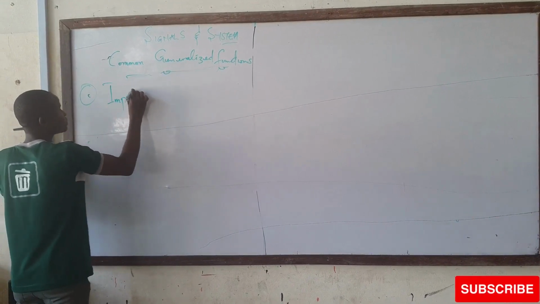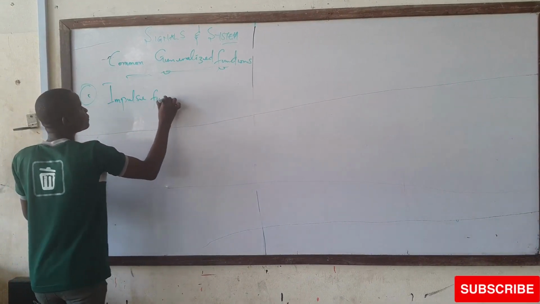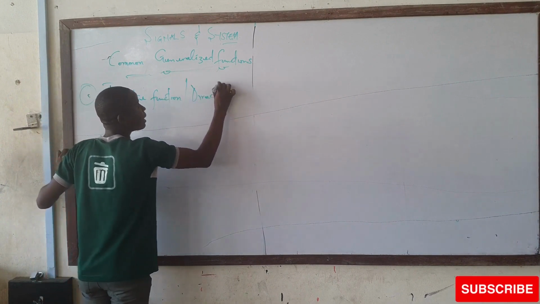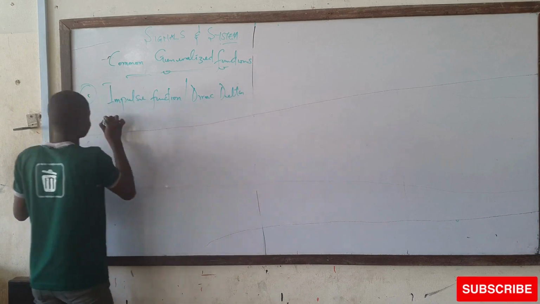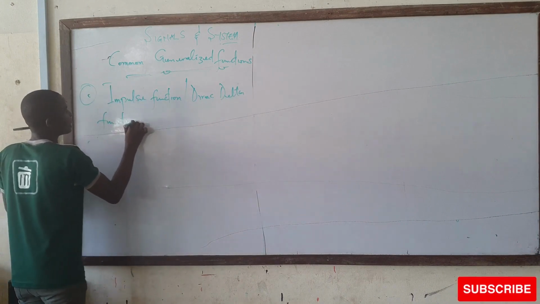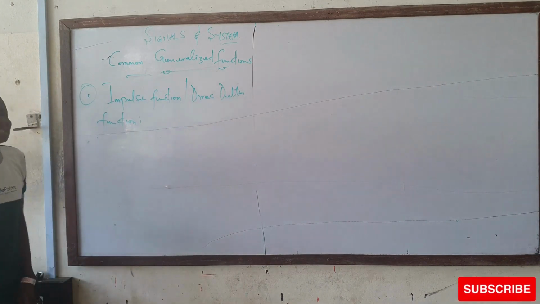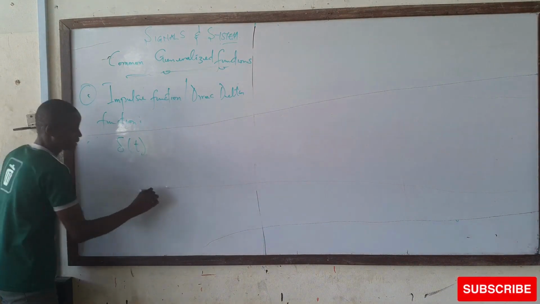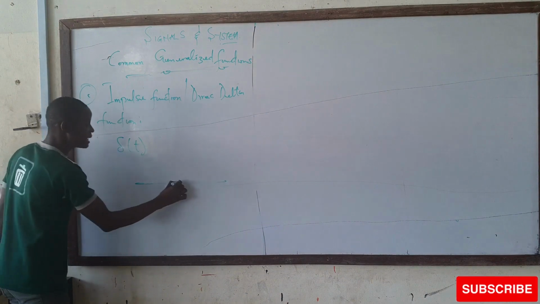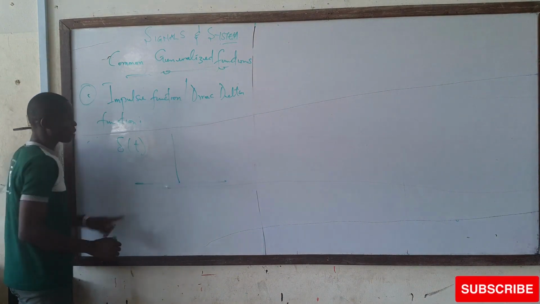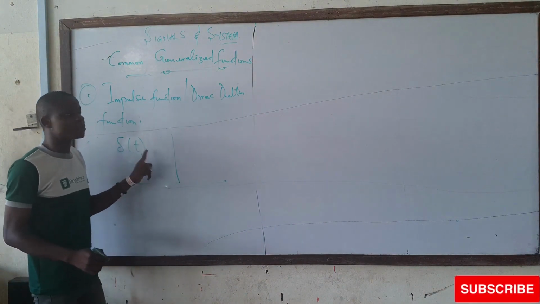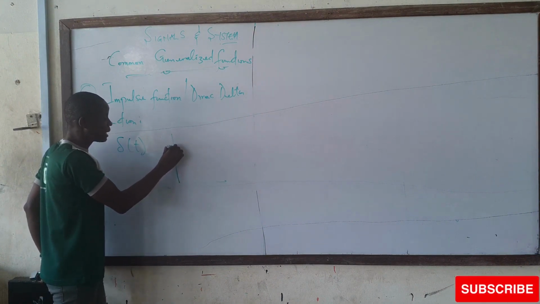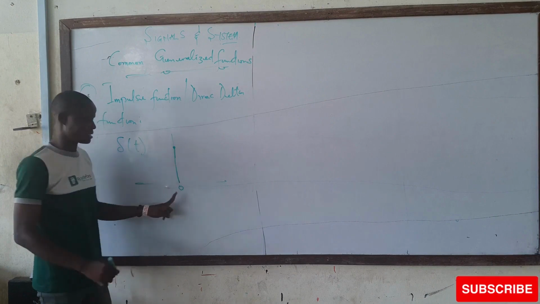people call it the impulse function, but I love to call it the Dirac delta function. Now, the impulse function is denoted as delta of t. Graphically, it is called an impulse function because it is only a spike. It only happens at 0.